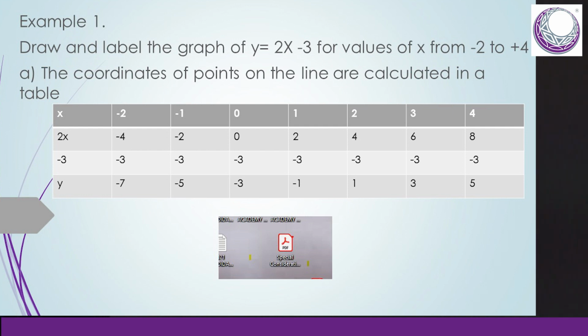Minus 2 minus 3 gives me minus 5. 0 minus 3 gives me minus 3. 2 minus 3 gives me minus 1. 4 minus 3 gives me 1. 6 minus 3 gives me 3. And 8 minus 3 gives me 5. So in other words, when I'm given the values of x, I should be able to find the value of y.